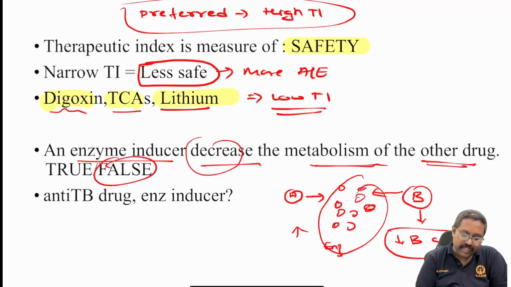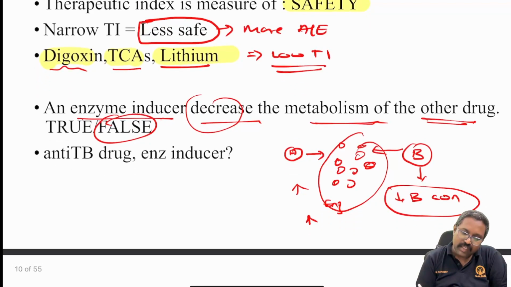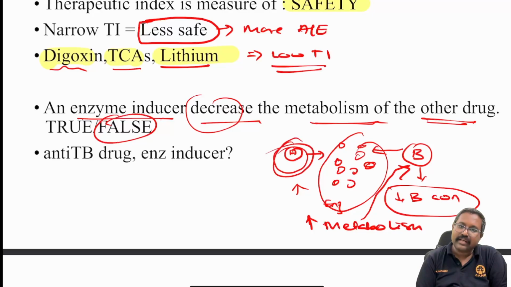So usually what will happen? Enzyme inducers will increase the metabolism. Which metabolism is increased by drug A? The metabolism of drug B has been increased by drug A, because drug A is the microsomal enzyme inducer.